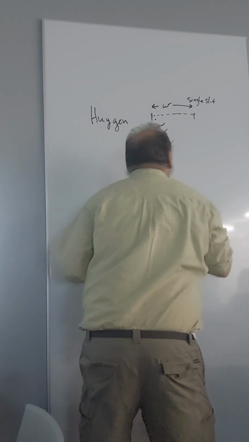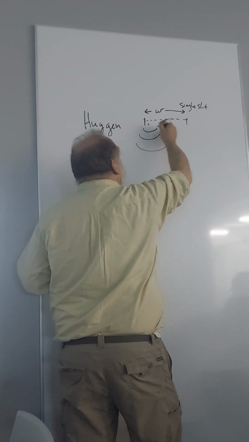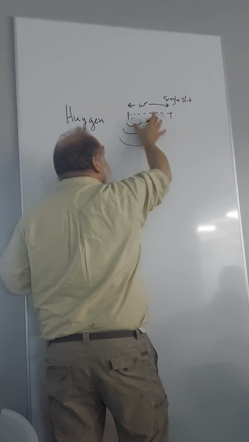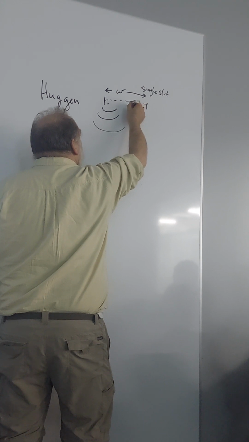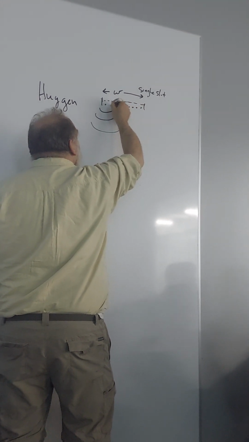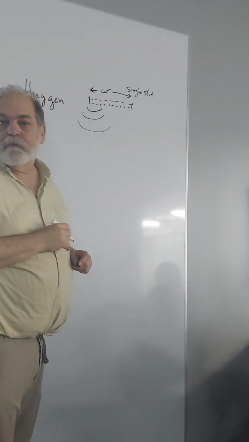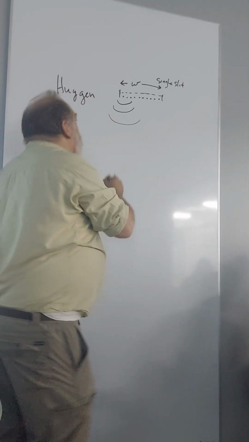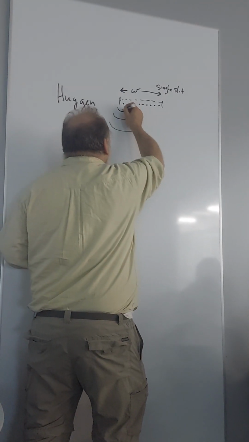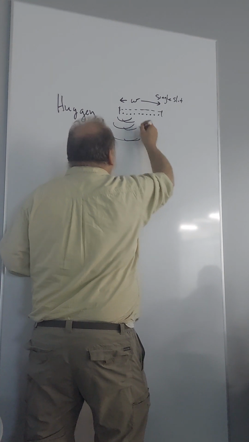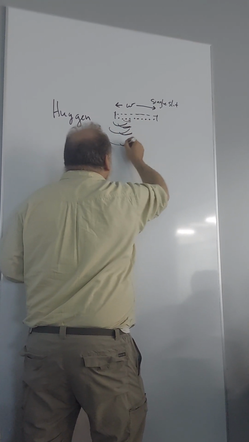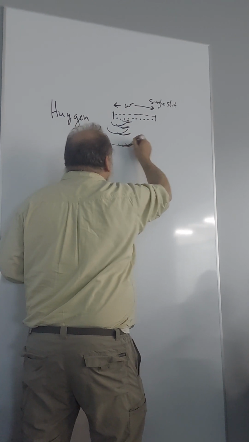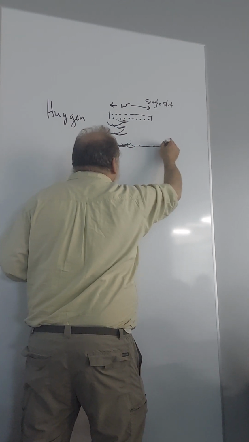then I can consider that source, which is of this width W, as composed of a bunch of little point sources spread across that. All right, and you can think of each of those point sources as radiating out spherical waves.